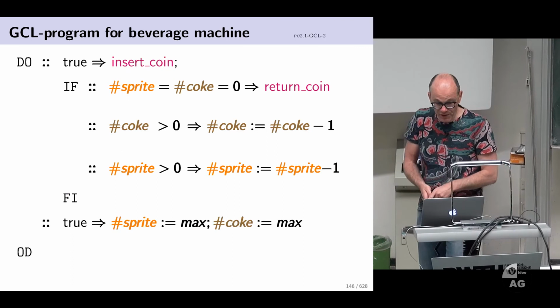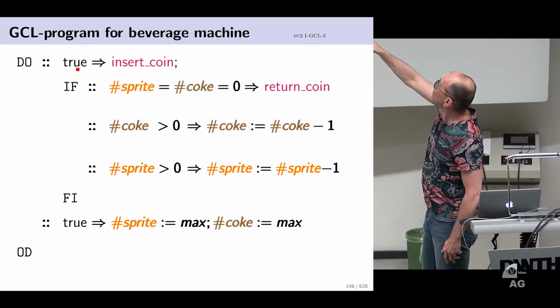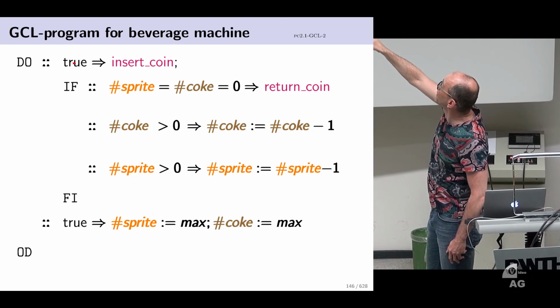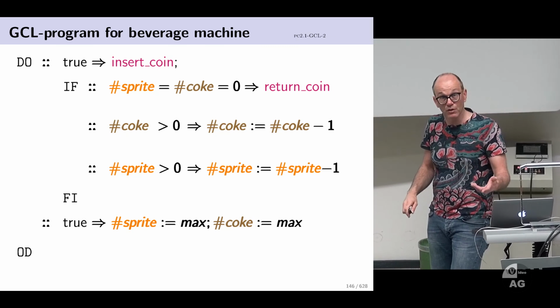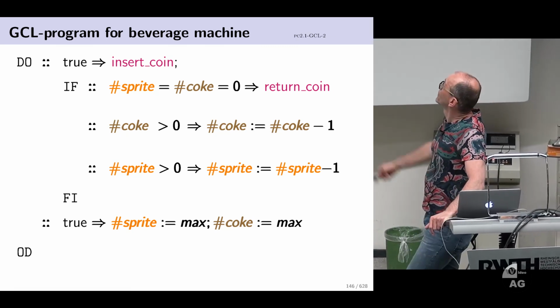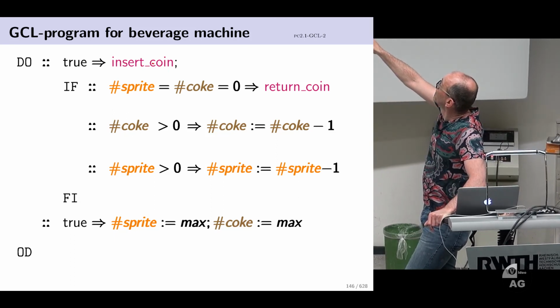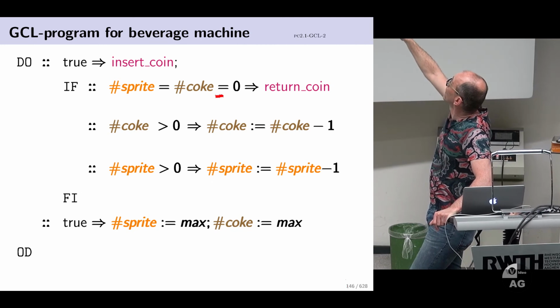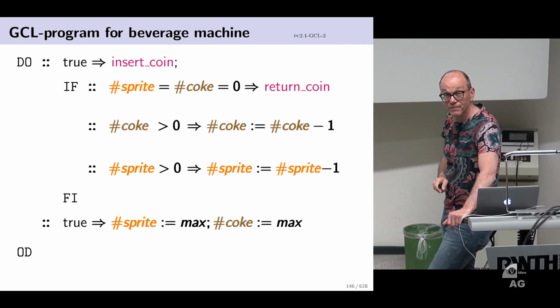So a program that does this looks as follows. It is a loop which actually has two possibilities. The guard here is true, the guard there is true, which means this program is not going to terminate. It's a non-terminating program. You can always insert a coin, that's here. And if you insert a coin, then if there is no Coke and no Sprite, you get your coin back.